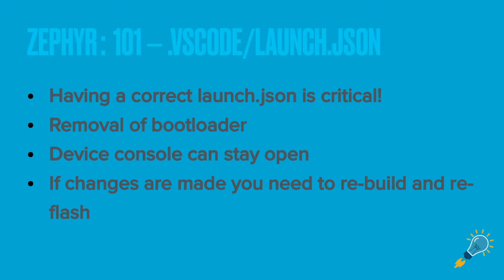One big caveat, and this is an important thing that I run into: if you have a bootloader installed, so if you have MCUboot compiling alongside your application, it runs first, and then it jumps to the location of your application. The debugger, as far as I can tell, can't handle that.